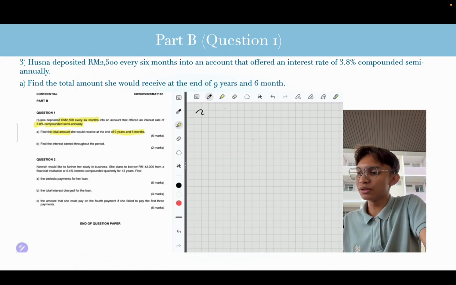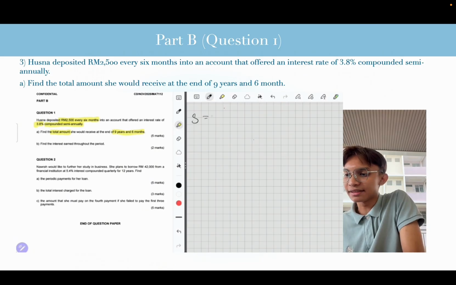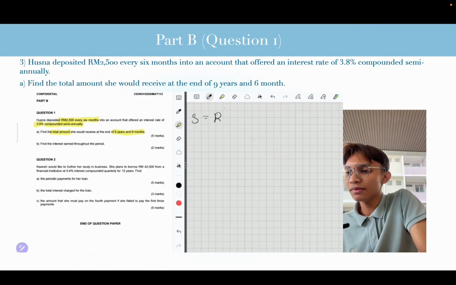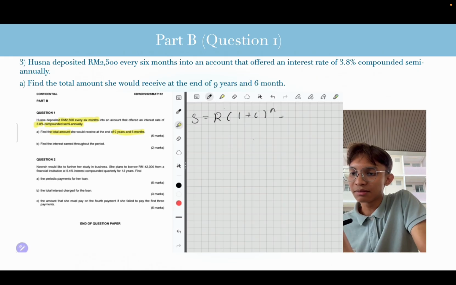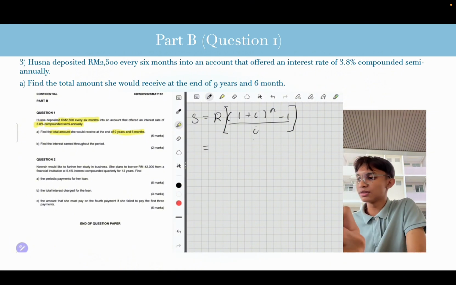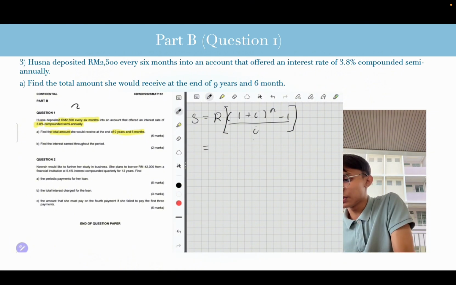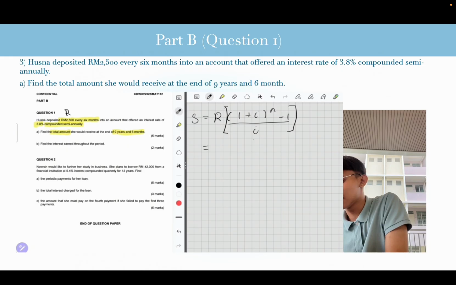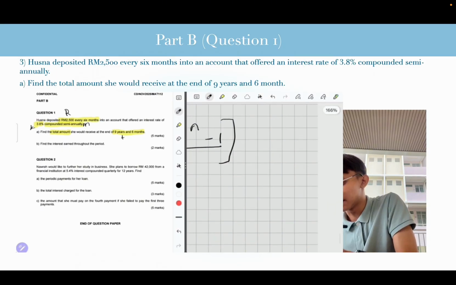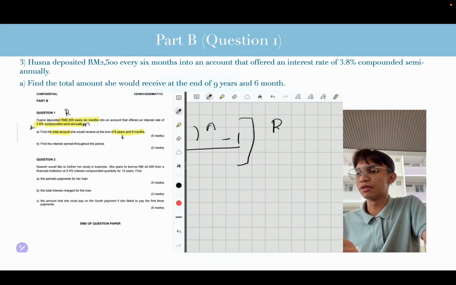So for investment, we use the formula S equal to R, 1 plus I to the power of N minus 1, over I. Don't forget the big bracket, okay? So let's insert the information. This one is the R, this is the K, this is M, and this is the T. So write up the information first.